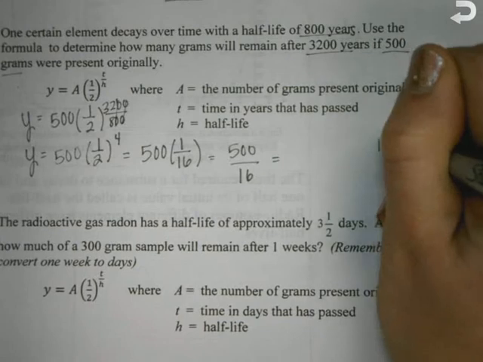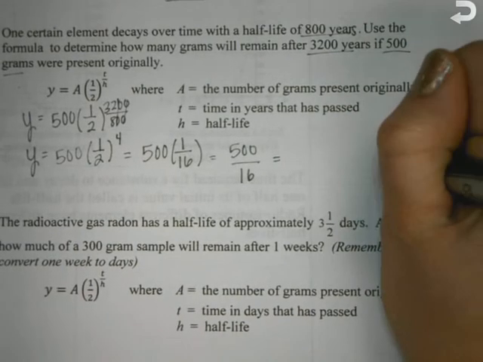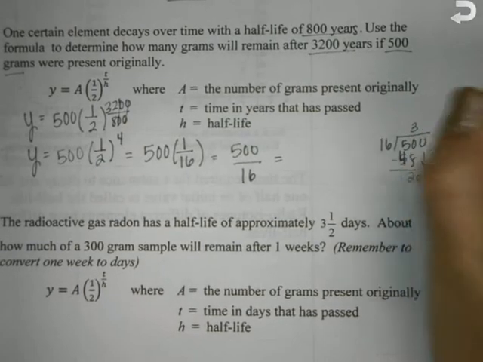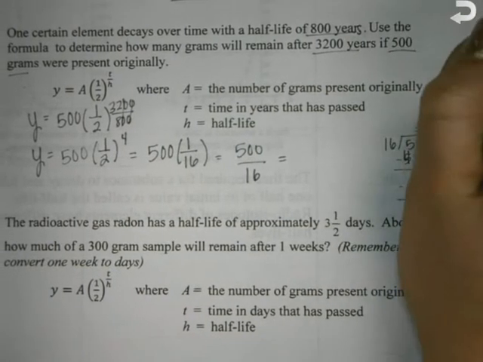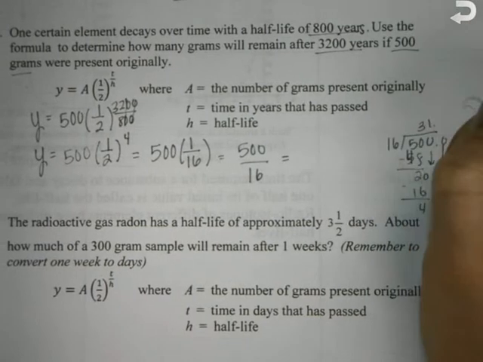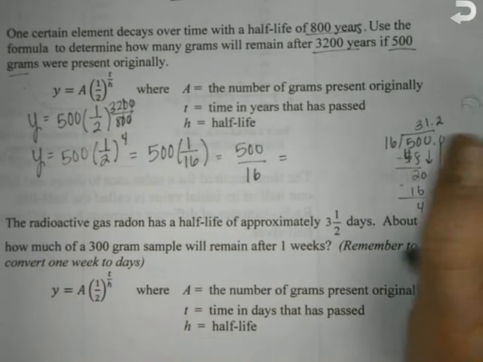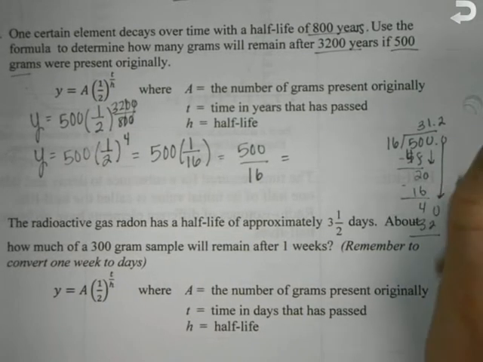So that gives me 2, 16, 1, 0, and 16 goes into 40 twice, which gives me 32. Yeah, 0.25. Okay, so that is equal to 31.25 grams, right?